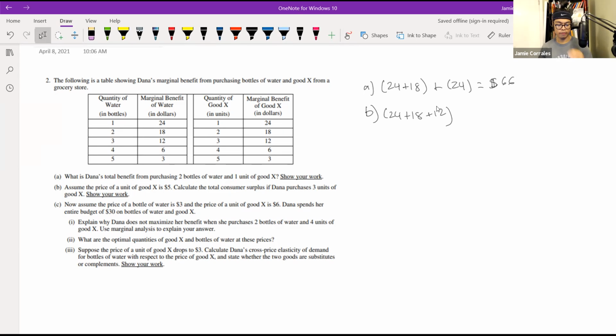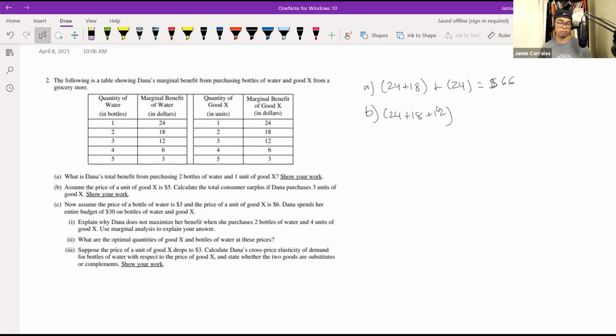If her marginal benefit is 24 for the first unit, then she's willing to pay at most $24 for it, nothing greater. If the price was 25 but the marginal benefit is 24, then the person doesn't buy it.